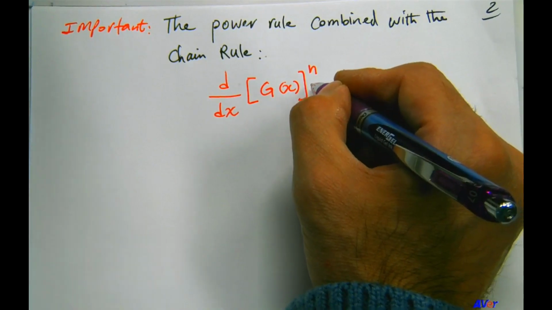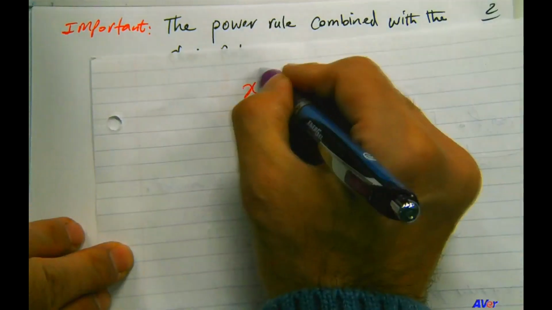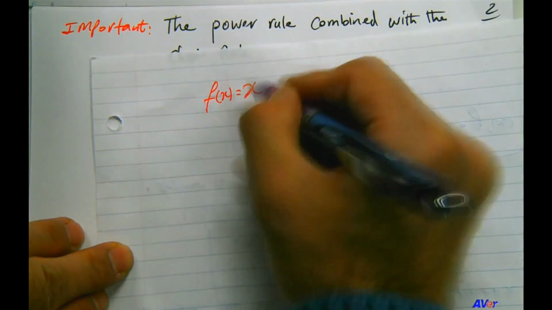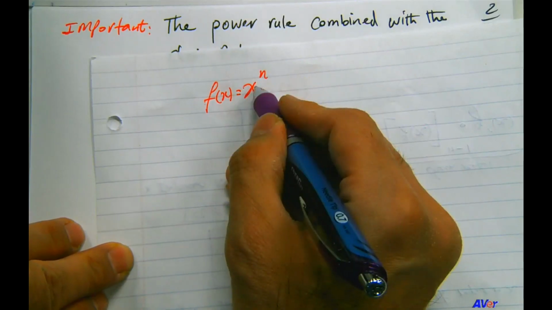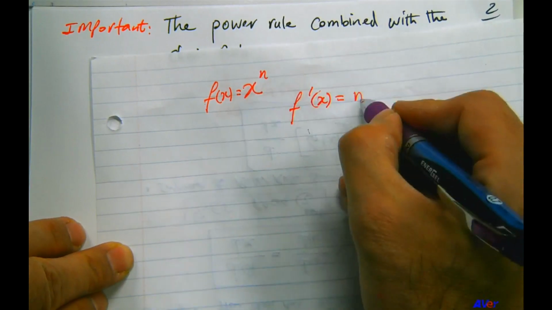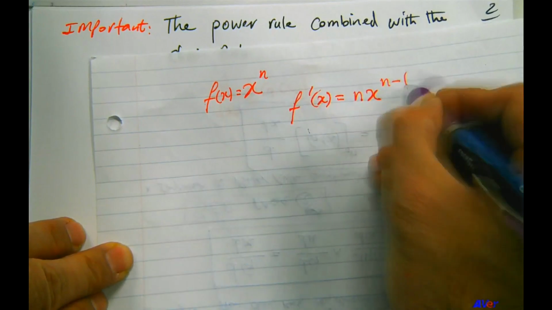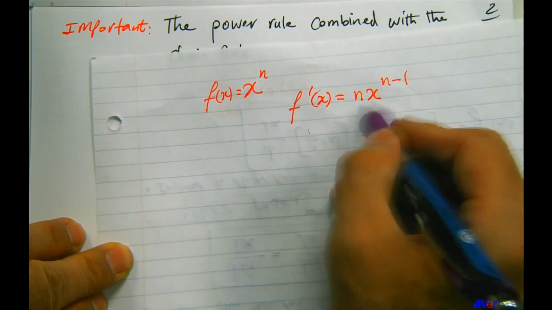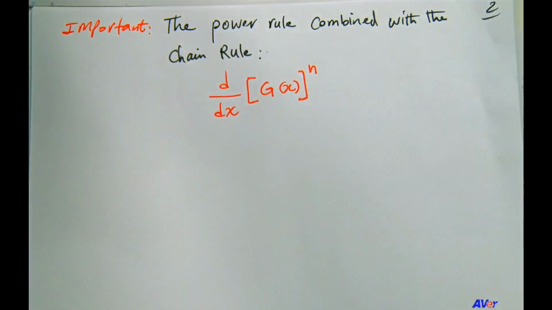We get, since remember we talked about previously, if you have a function f of x, where x is raised to some power, to find the derivative of this, remember what we did before? We said bring the power down in front, and multiply it by x to the power n minus 1, right? This was the power rule for finding the derivative. So we're going to combine that with the chain rule, which gives us this rule.